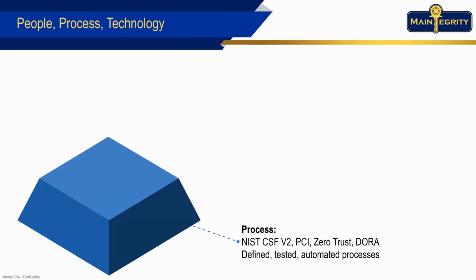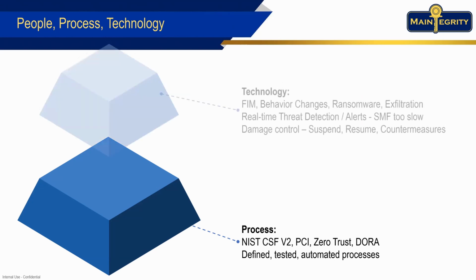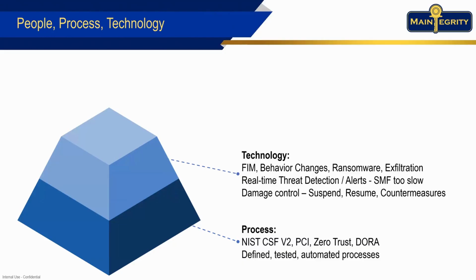So what did we do? We took the best processes that existed, and we built them into our product in a way that's never been imagined before. So if you click again for me, Gary. That's where our technology comes in. File integrity monitoring, that was the first thing we did.